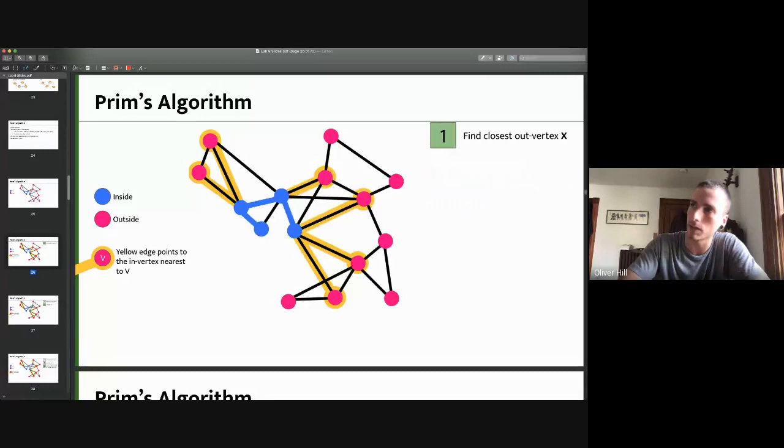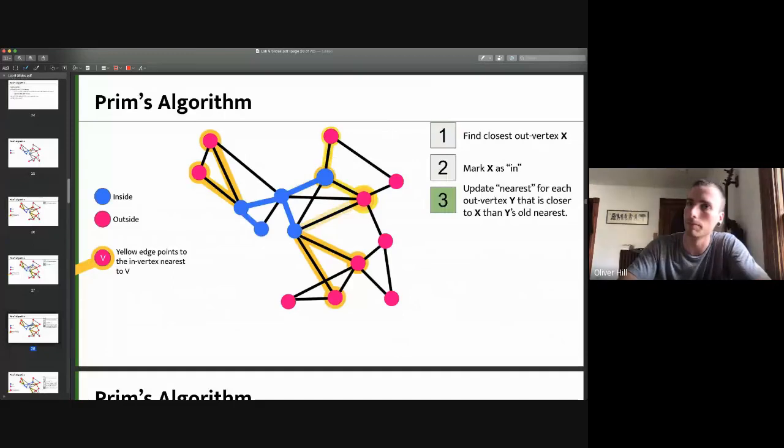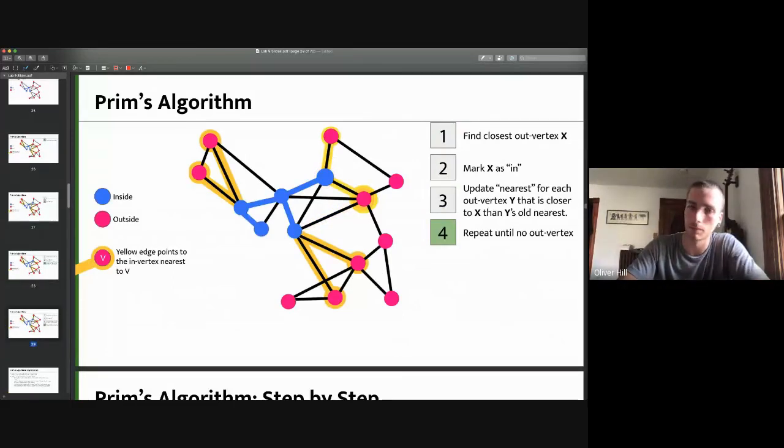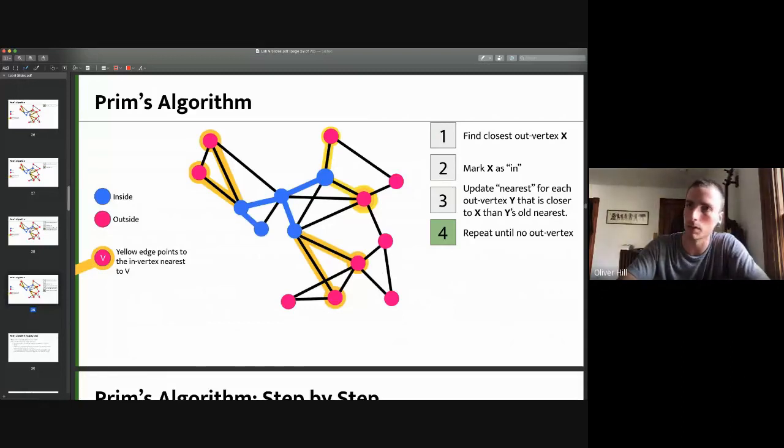But once we add this vertex, we can now use this edge weight to get to this vertex, and we can use this edge weight to get to this vertex. So maybe the weight is better, maybe it's worse, but you're always going to take the best weight, but you can update them if need be. And then you just repeat until all of the vertices are in the MST.